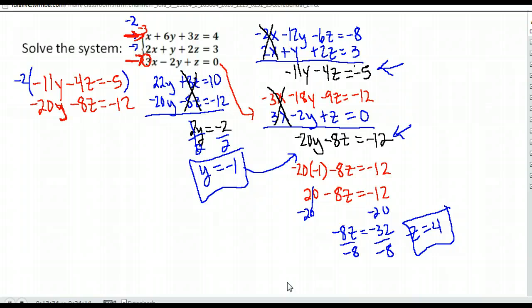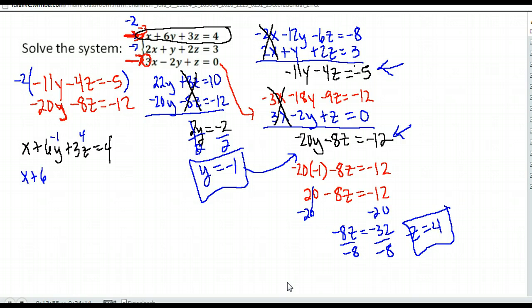We can take both of those back to our very original problem where we have three variables. I'm going to use that top one, x plus 6y plus 3z equals 4, and I'm going to substitute those two values that I know. I know that y is negative 1, and I know that z is 4.